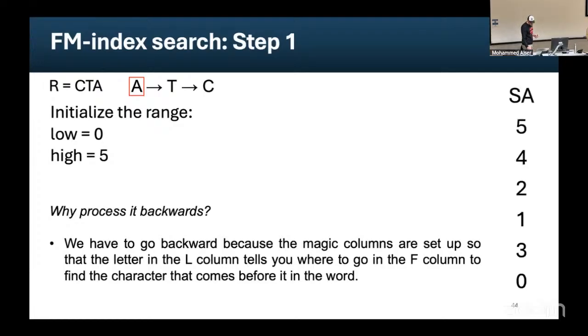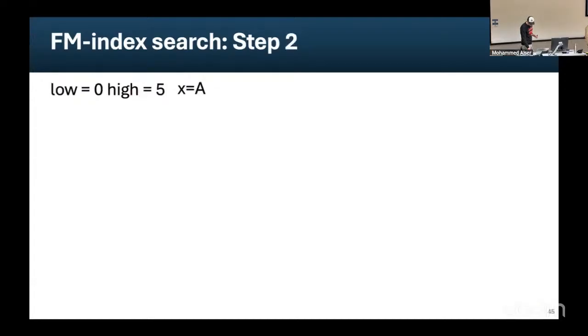This is our suffix array, our indices for our suffixes. We take the entire, widest range first: low is 0, high is 5, because we have a total of 6 suffixes. So the lowest index is 0 and the highest index is 5.